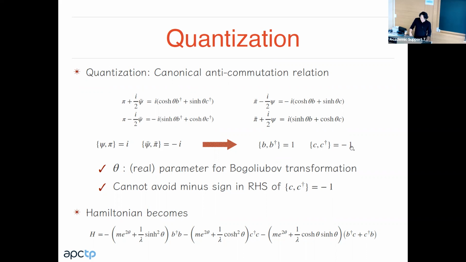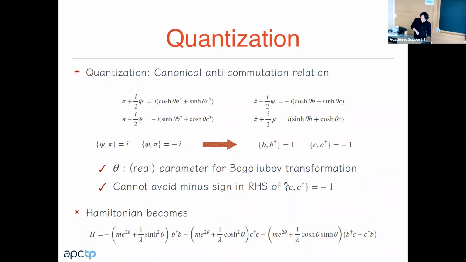And actually the most important part is this one. The usual fermion oscillator has 1 on the right-hand side, but this C fermion has -1. So this is kind of inevitable. If you try to do this kind of transformation, you cannot remove this one.